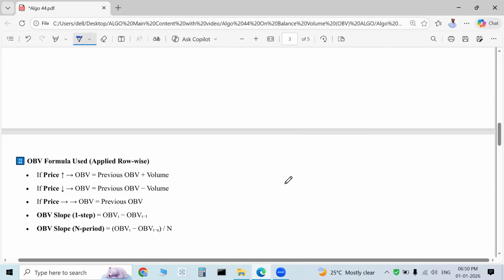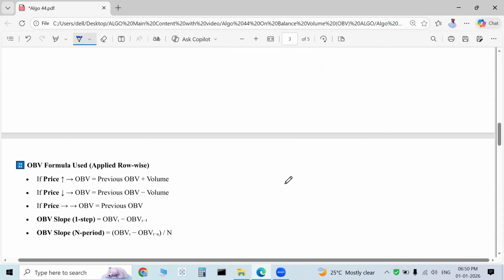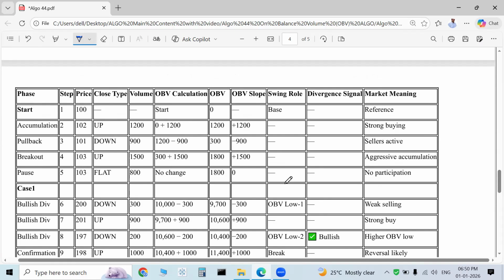Okay, now let me show you how this actually works in a table. I'm going to show a master table for reference so you can understand this. I already explained this, and for reference purposes, there's strong buying happening because we can see the price is increasing.